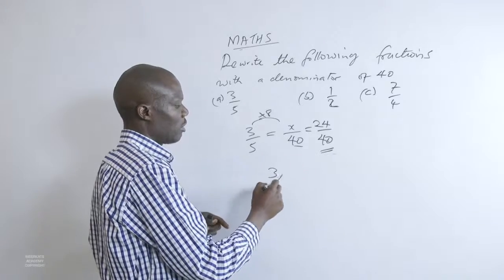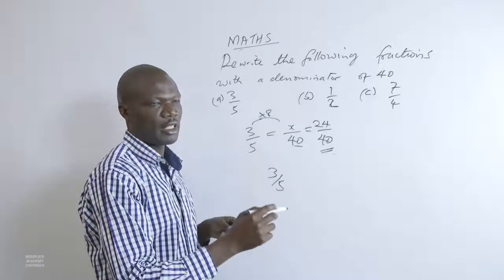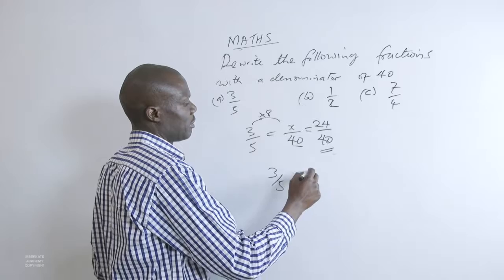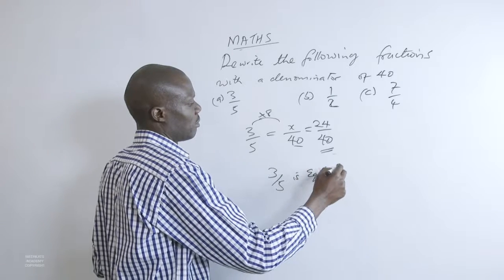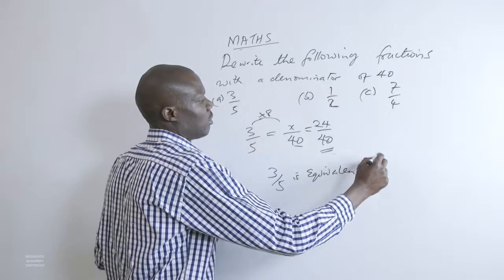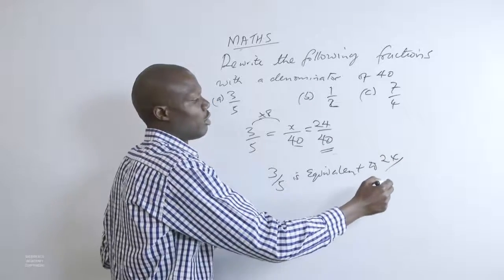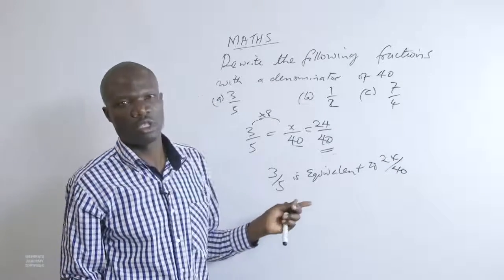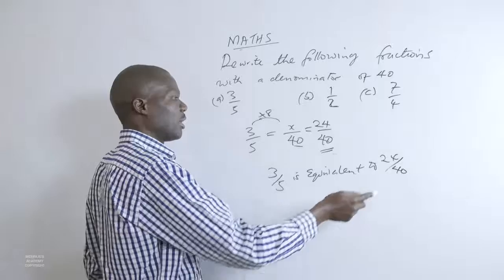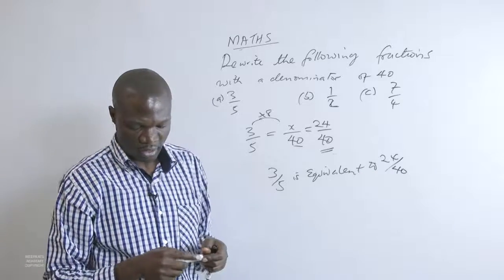So 3 over 5 is equivalent to 24 over 40. The denominator is 40.